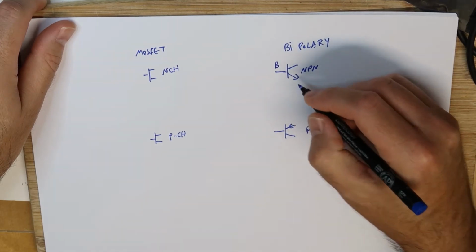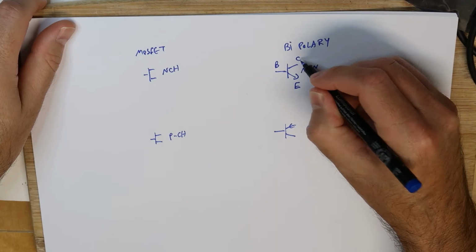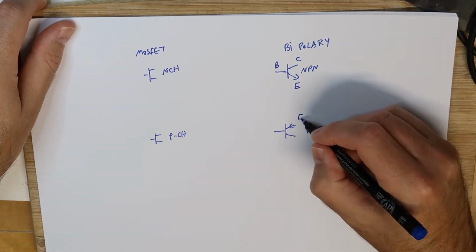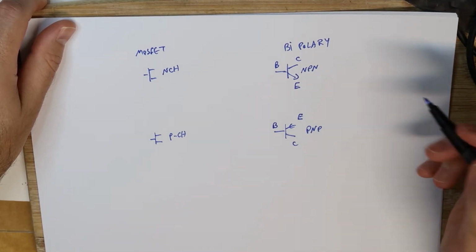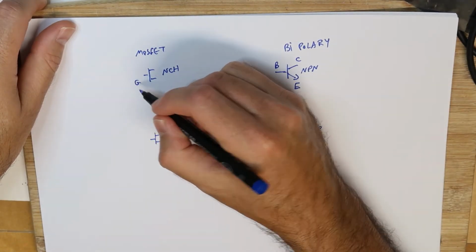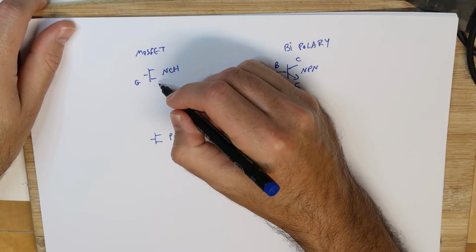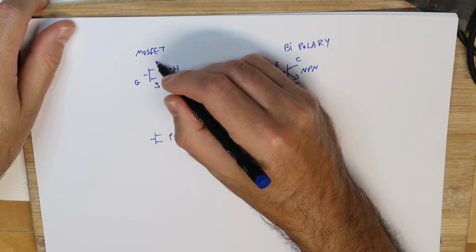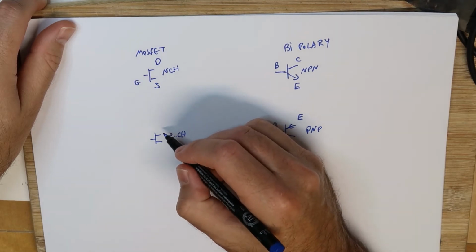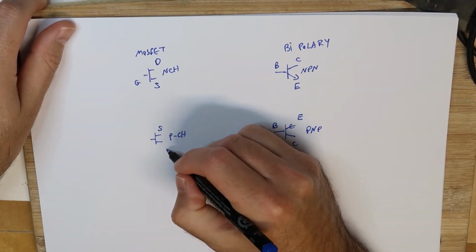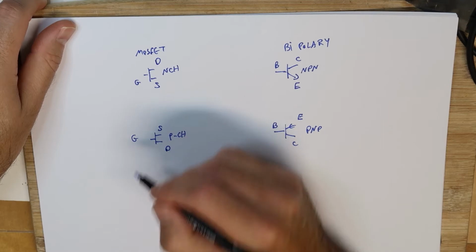This is called the base, this is the emitter, and this is the collector. Here this is the emitter, this is the base, and this is the collector. On the N-channel this is called gate, and we have a source and drain. So let's call this source and this drain, and on the P-channel we will call this the source and this the drain, and this will be the gate.